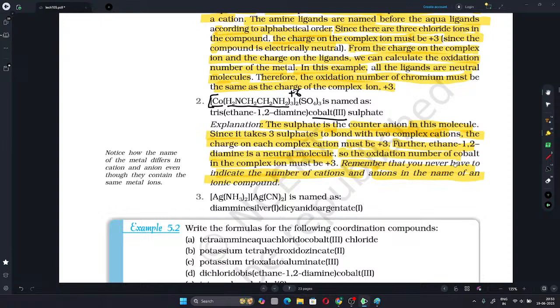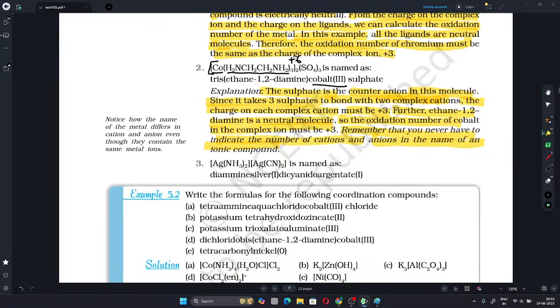The next is this compound, which is a double complex, which we can name. It has Ag(NH3)2 and Ag(CN)2. NH3 has a special name, amine, and we call cyanide cyanido.